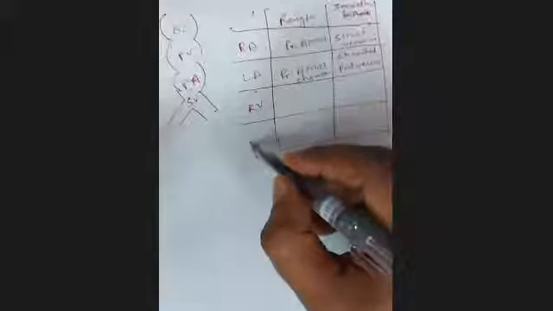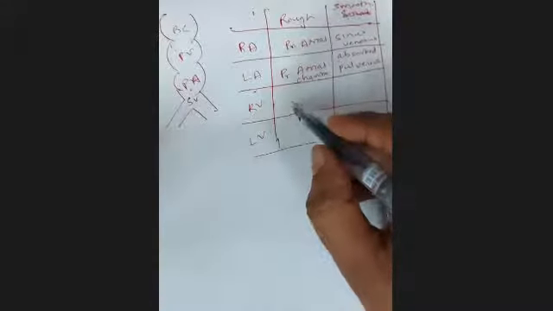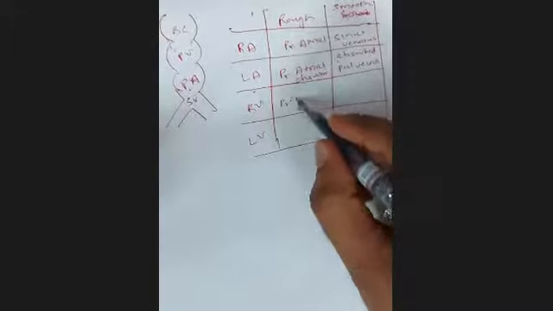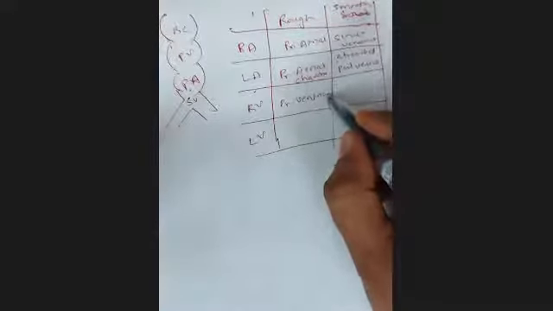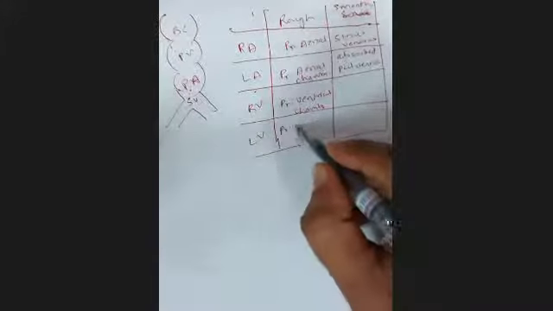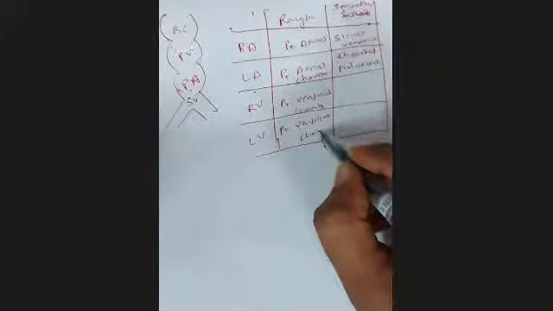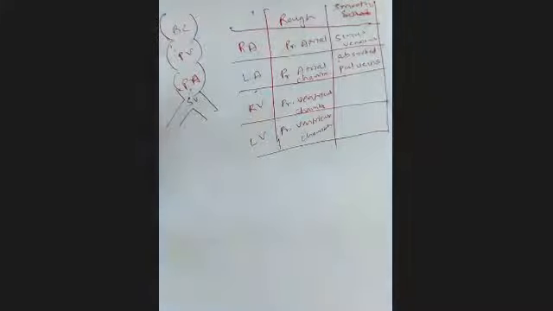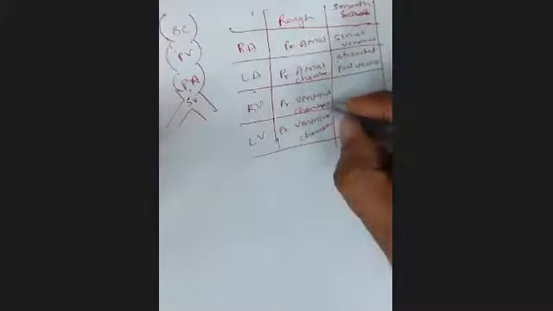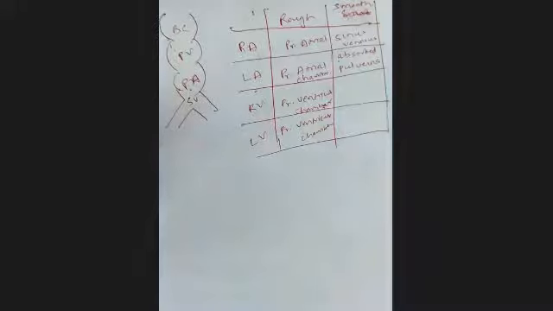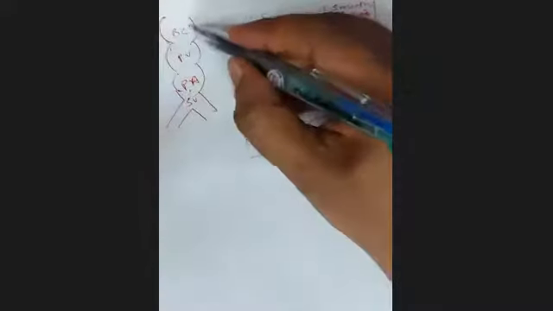Now the right ventricle and left ventricle. Their rough parts develop from the primitive ventricular chamber, and the smooth parts develop from the bulbus cordis.